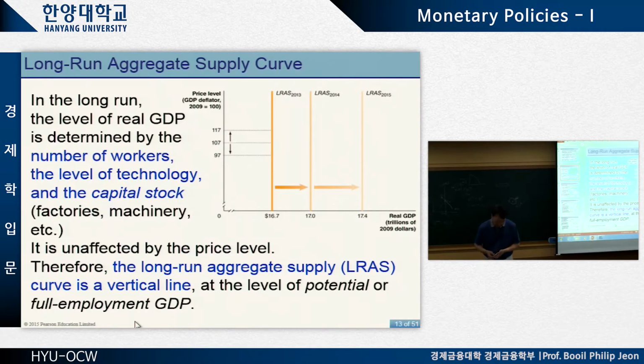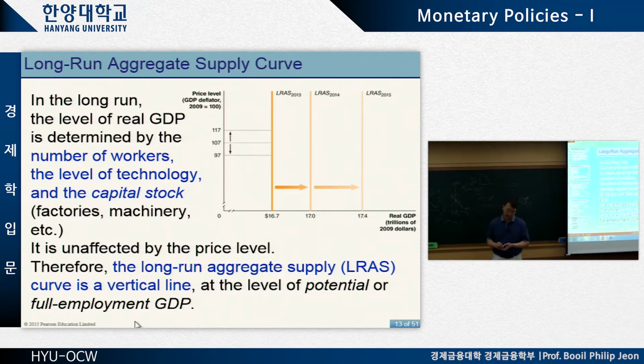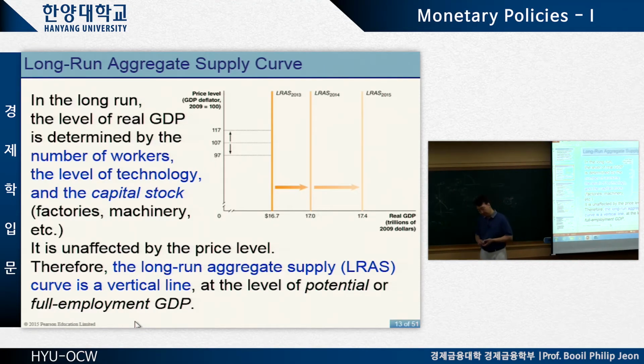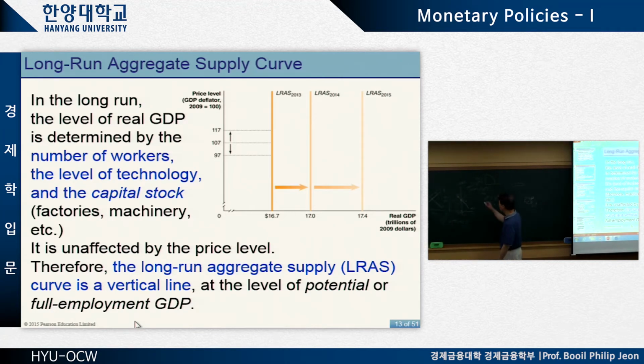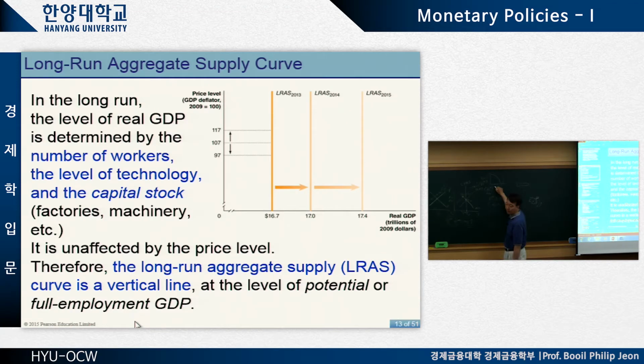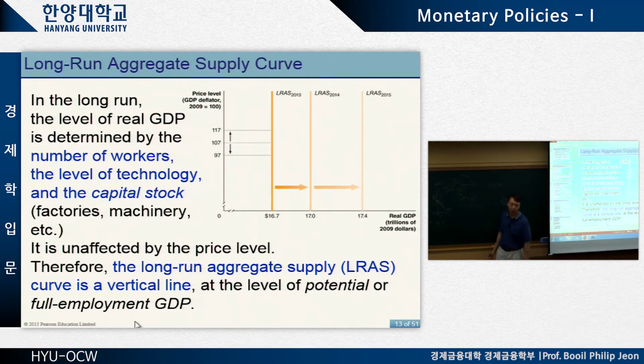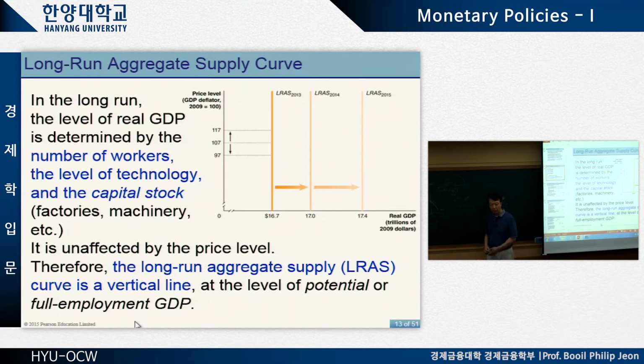The long-run aggregate supply is vertical, because of the idea that I explained here. Ultimately, the total output or maximum output that can be produced in an economy depends on only two things: the available amount of resources and technology.